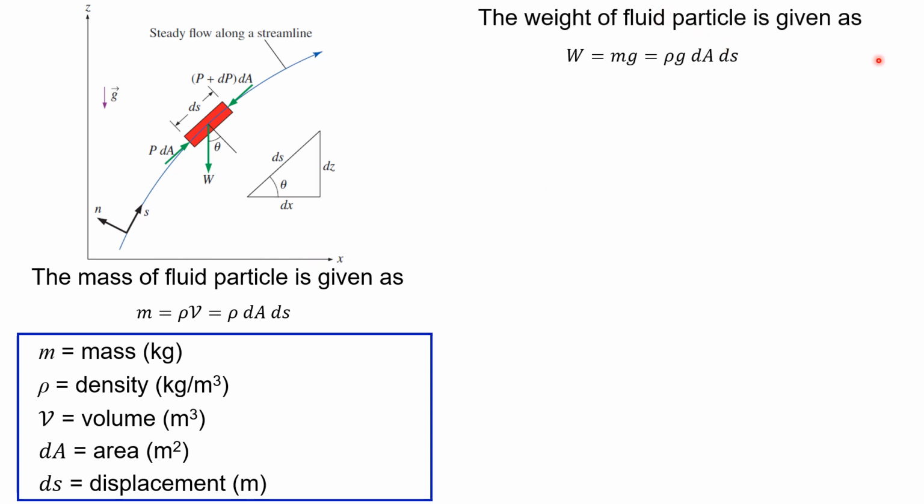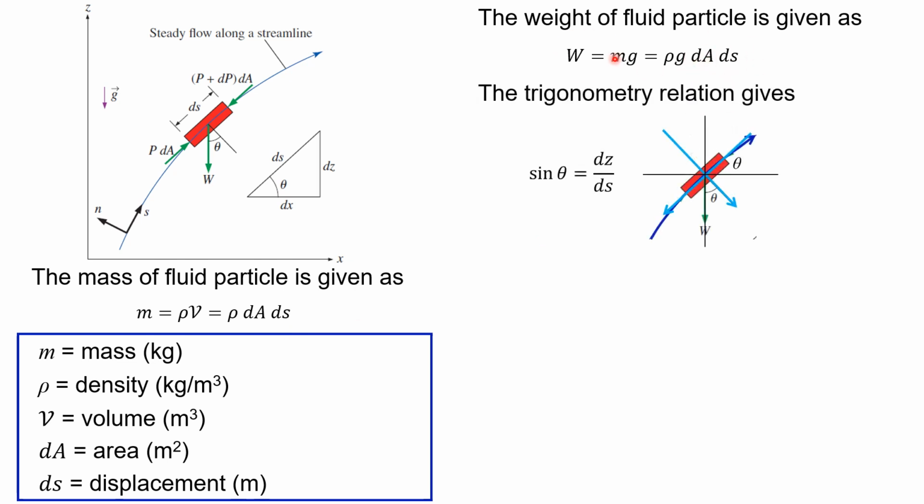The weight of the particle is given as W equals mg. So m we know, rho dA ds, and g is g, so you get this formula. You use the trigonometry: sine theta is dz over ds.